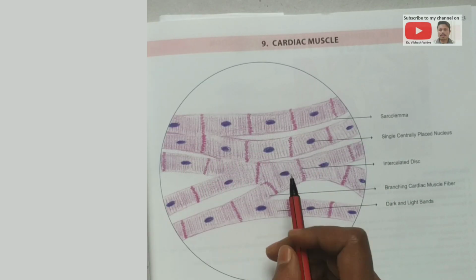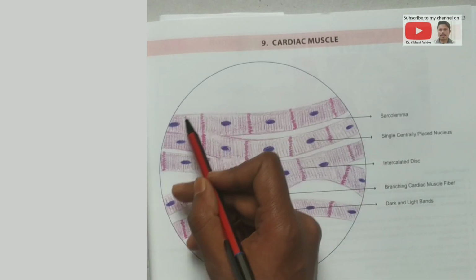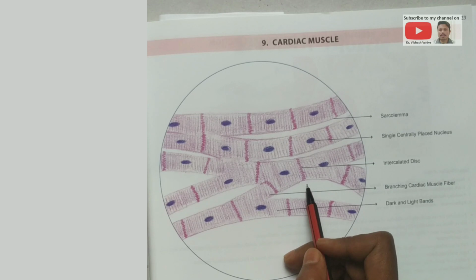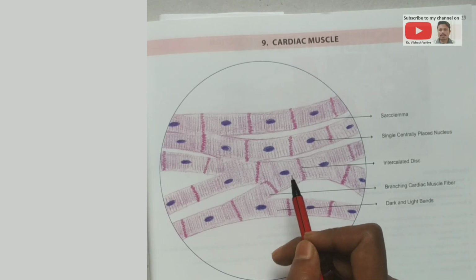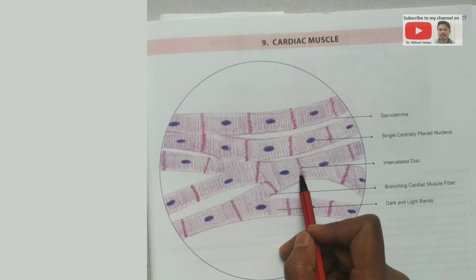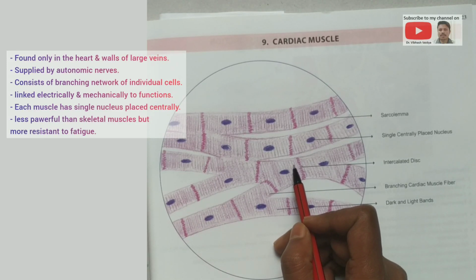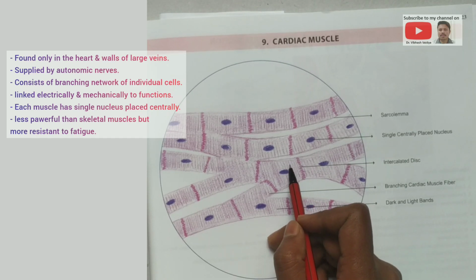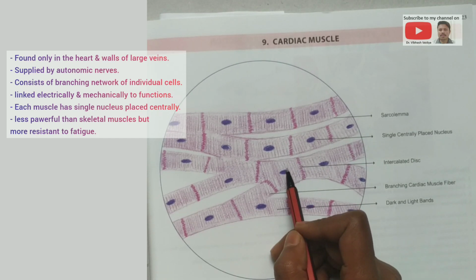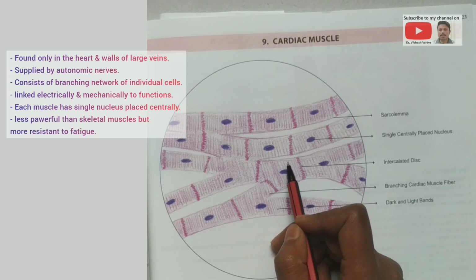Now the cardiac muscle. Here you can see a schematic diagram of the cardiac muscle. The cardiac muscle is found only in the heart and in the wall of the large veins where they enter the heart. The cardiac muscle is supplied by the autonomic nervous system. Thus, it is involuntary.